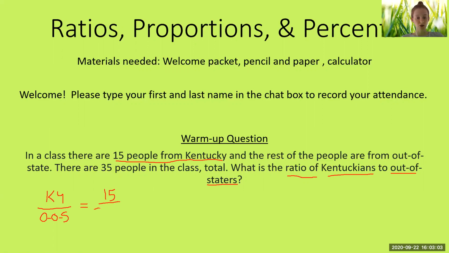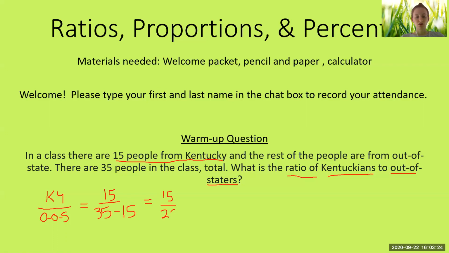We're going to take that class total, 35 people overall. We'll take away the Kentuckians, and that should give us the number of people from out of state. So we will be left with this ratio of 15 Kentuckians to 20 out-of-staters.